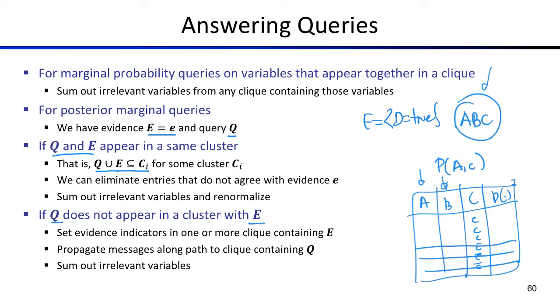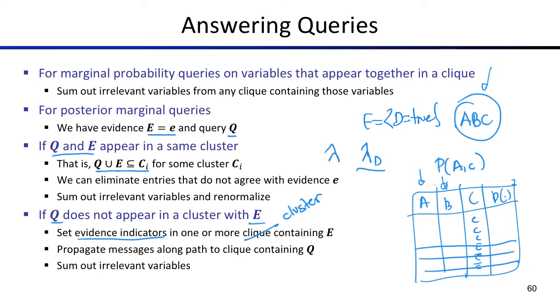So we frequently use evidence indicators for doing that. We create an evidence indicator for variable D and look for clusters that mention variable D. Of course, it doesn't need to be just one piece of evidence.